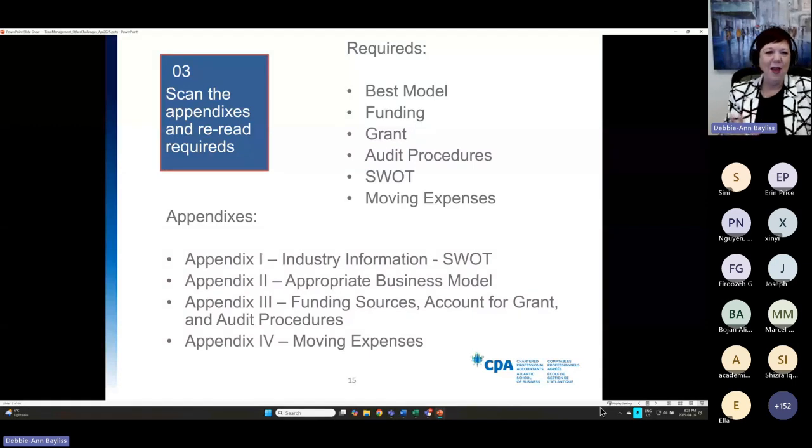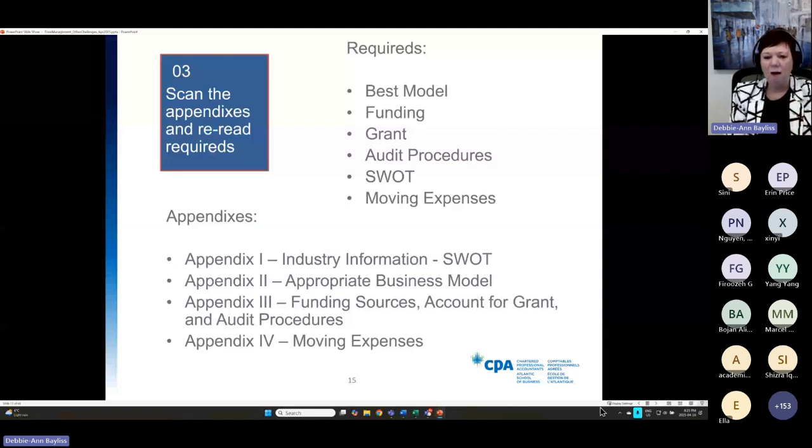So again, now I have a good idea. I know what I need to do. I just looked at each of the appendices to see what they're covering. Great. Now let's go into each of those appendices in greater detail, which is your fourth step. We want to take the relevant information out of that. The first thing we see again is the industry information.